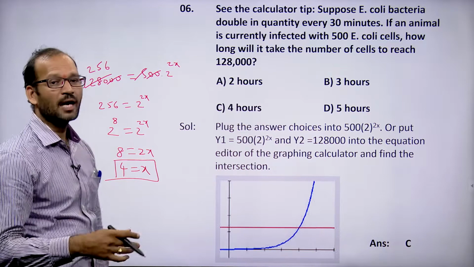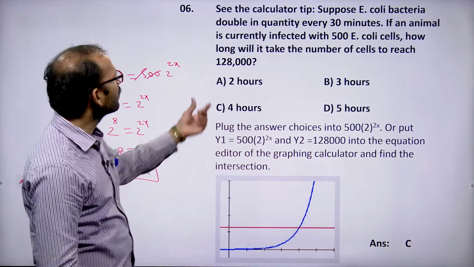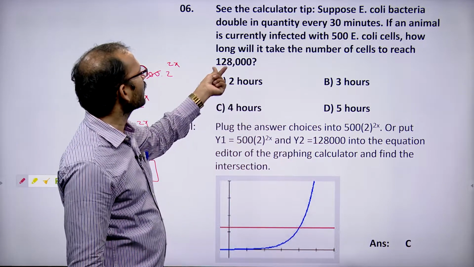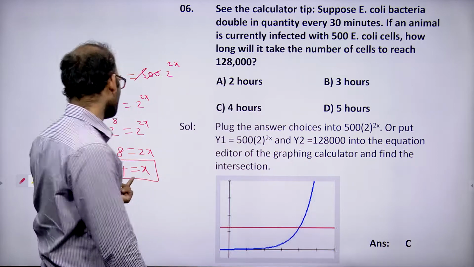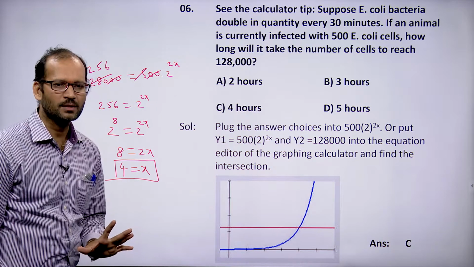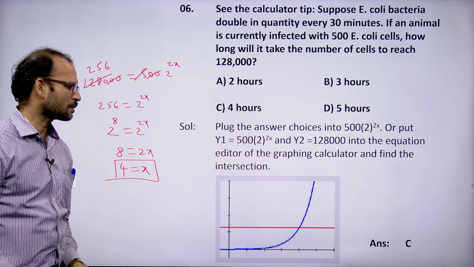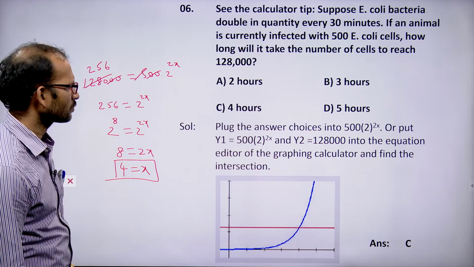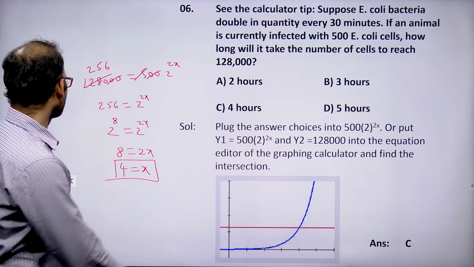So therefore after 4 hours the number of cells will be 1,28,000. So 4 hours they will take. Is it okay? So graphical explanation is given here. Now we will move to next one.